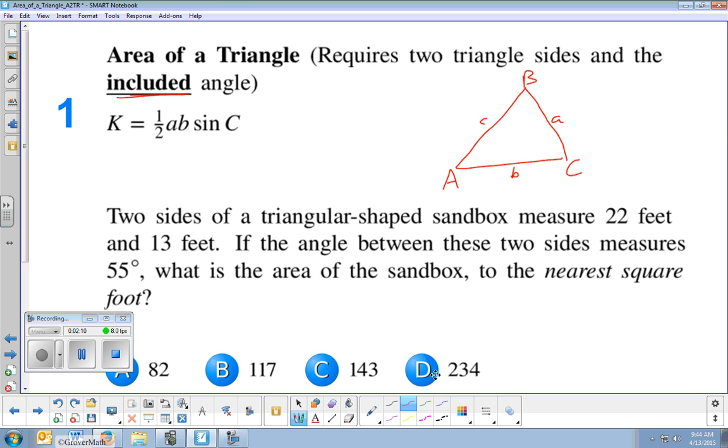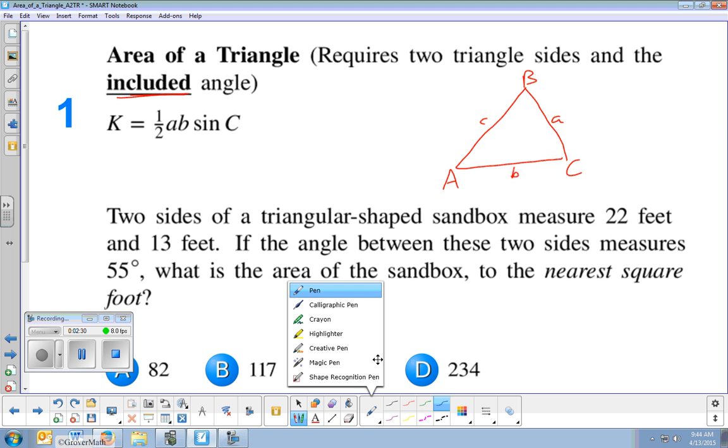Now, to do the area of a triangle, this formula is saying AB times sine C. Lowercase a is side A. That is using, let me get my highlighter tool. Sorry that my tablet's being a little annoying right now.